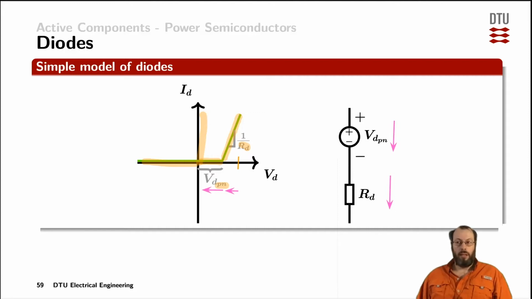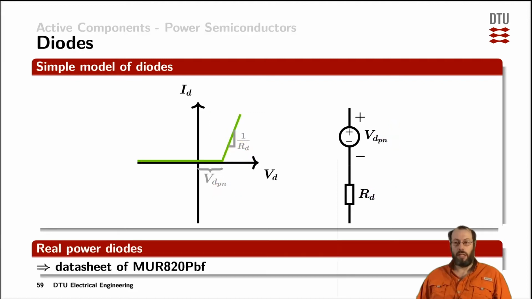Now, PN is a specific kind of diode, which is actually rarely used in power electronics. Most of the diodes are Schottky diodes, but the effects and the modeling are basically the same through a DC voltage source and the resistor in series. So also for modeling Schottky diodes, this is an adequate model.